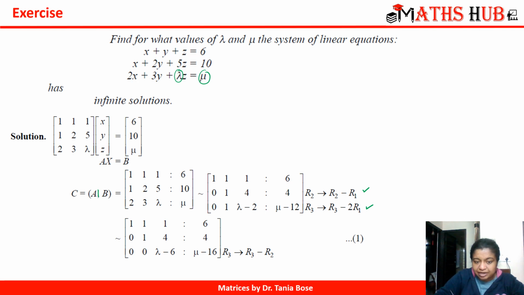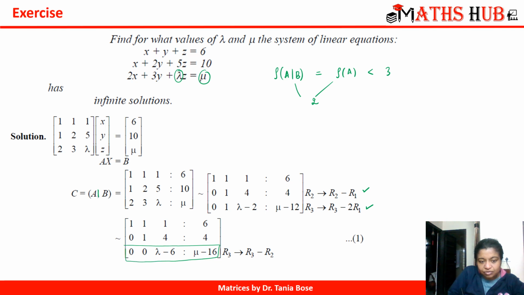Now at this stage, since it is given that it has infinitely many solutions, that means rank of A augmented B should be equal to rank of A, and it should be less than 3 because there are 3 unknowns. If it is less than 3, that means both the ranks must be equal to 2, right? If both the ranks are equal to 2, that means it will have 2 non-zero rows. So this row needs to be completely 0, right?